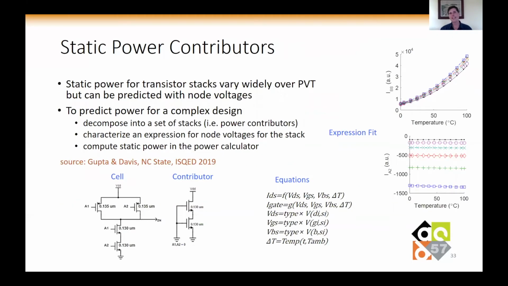So leakage current varies quite a lot over a range of process voltage and temperature, but it can be predicted fairly easily with node voltages, which don't vary nearly as much.